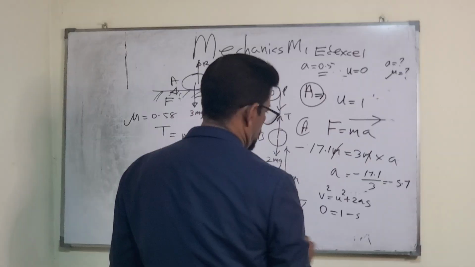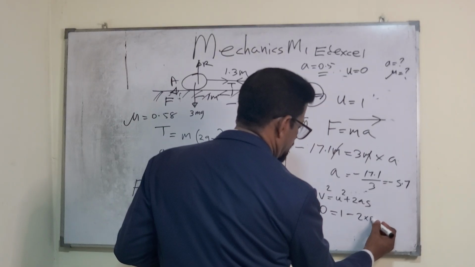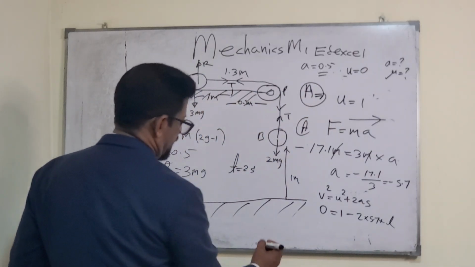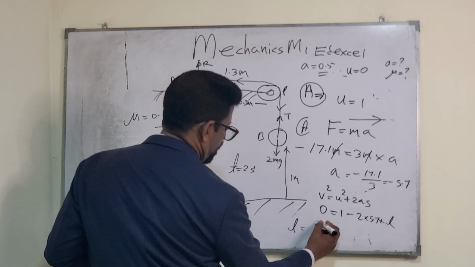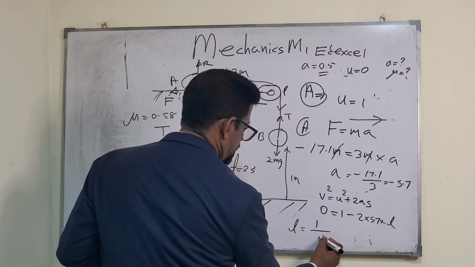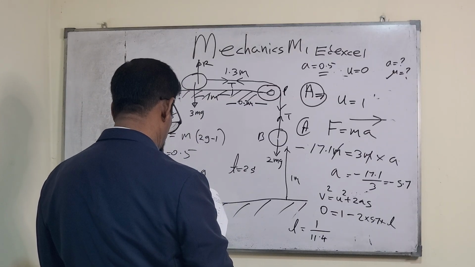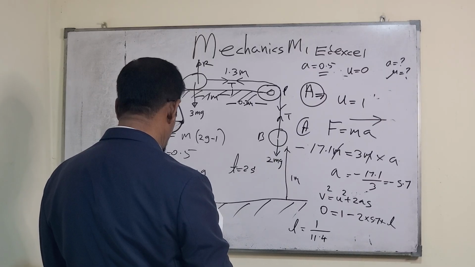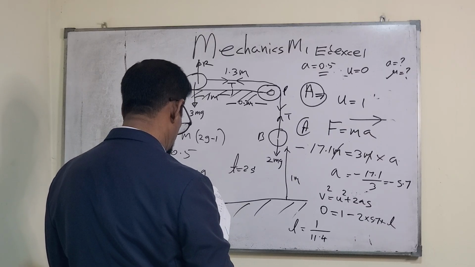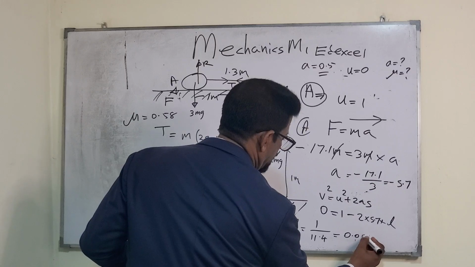0 equals 1 minus 2 times 5.7 times L. So the length L equals 1 divided by 11.4, which is 0.08.